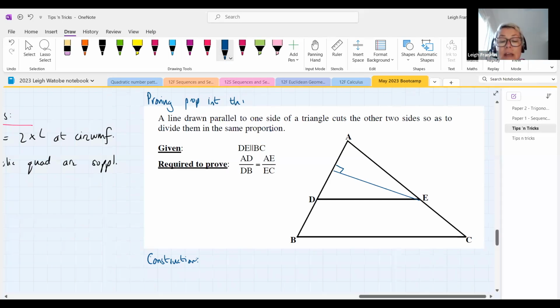And we would obviously have to state that it was perpendicular, and we're going to call that H. And then we would also have to construct K that is perpendicular to AE.